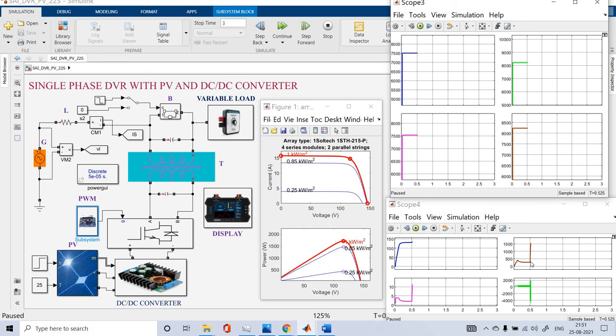If the irradiation increases, the power given by the PV panel will also increase. But we maintain constant power, and the variations are on the load side, right? So further changes can occur here, again at 1 and 1.5.